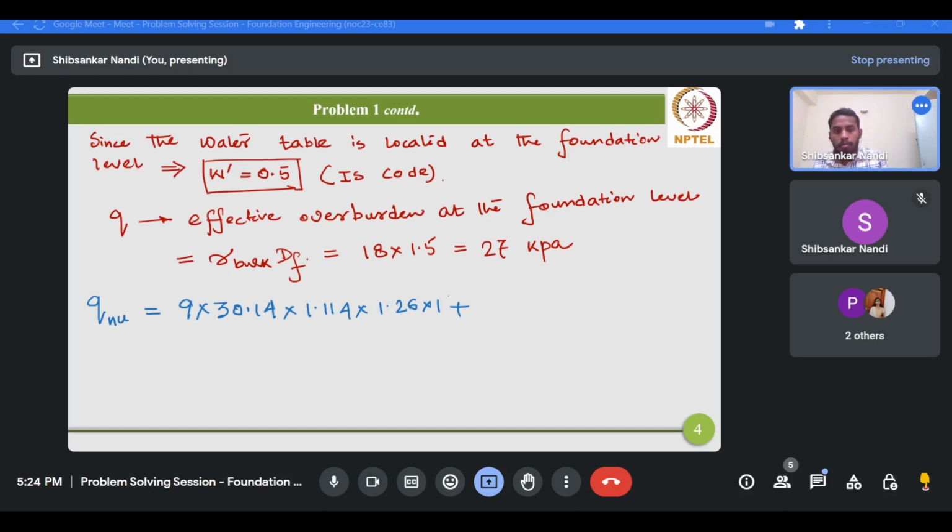Then this q, we have calculated it as 27, Nq minus 1, so Nq value is 18.4 minus 1, multiplied by the Sq, again 1.114, then dq is 1.131, and finally 0.5 times.